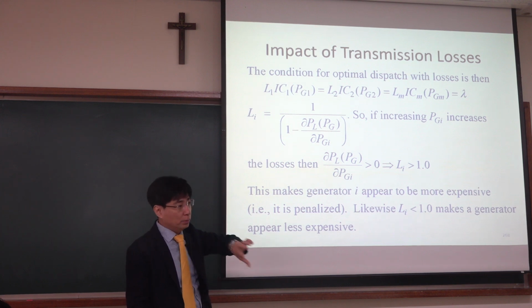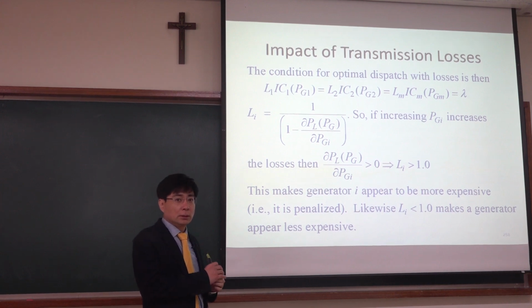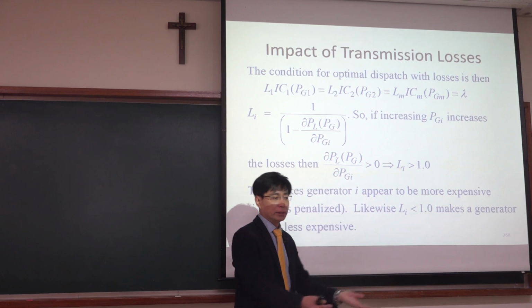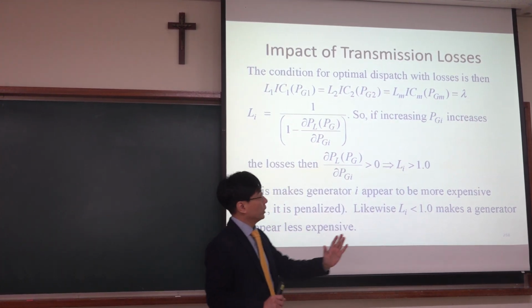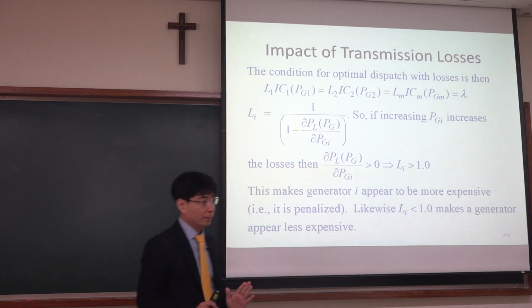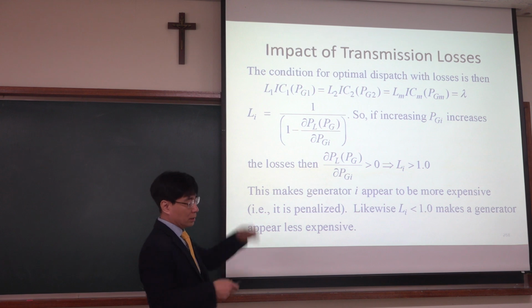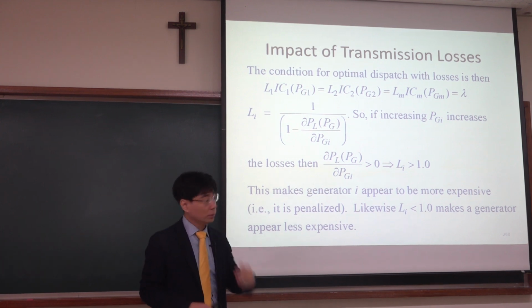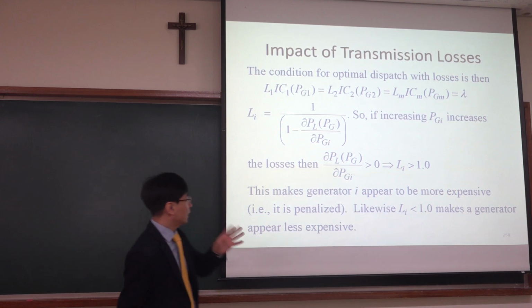That means the output of the generator reduces. Okay? Because if I generate more, I contribute to increasing the power losses in the whole system, and that is not good. So that generator needs to be discouraged. Okay? So the lower marginal cost means less generation. Okay, so that generator decreases its output power, and vice versa.